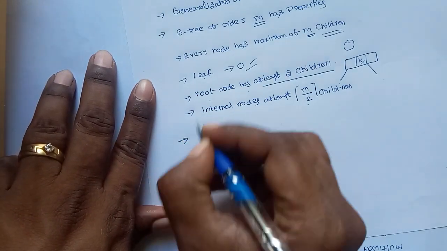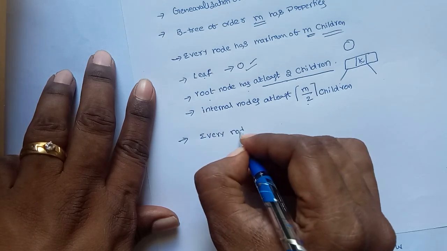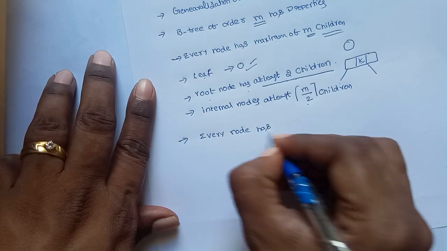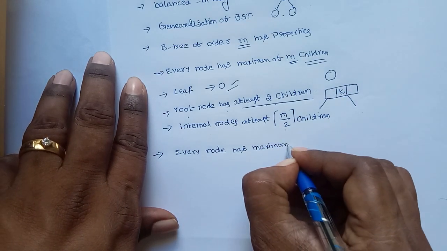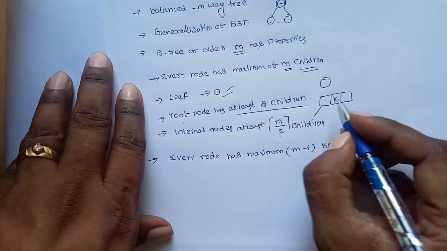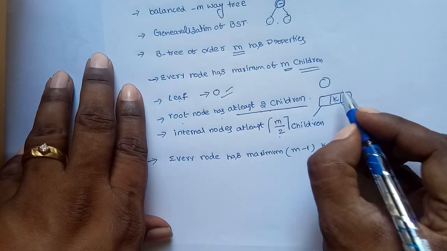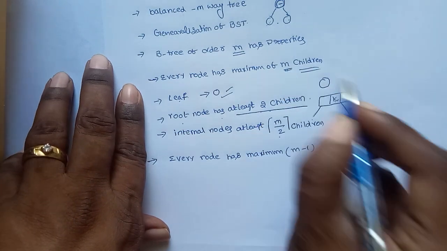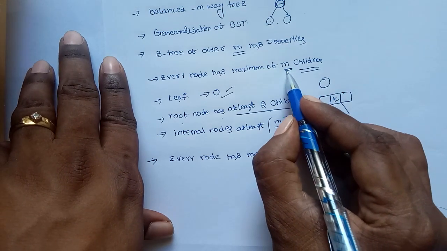Similarly, every node has a maximum of M minus 1 keys. Here the order represents the number of children.